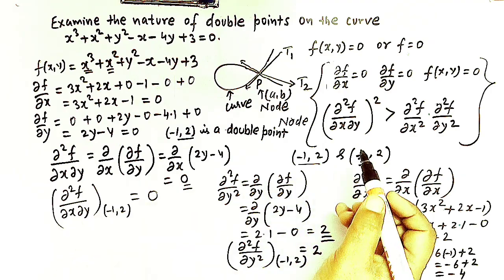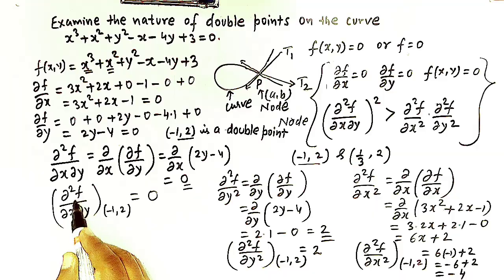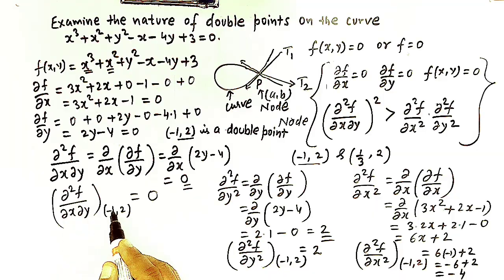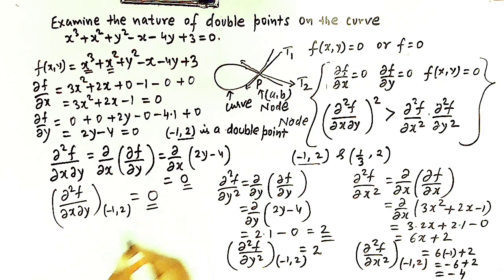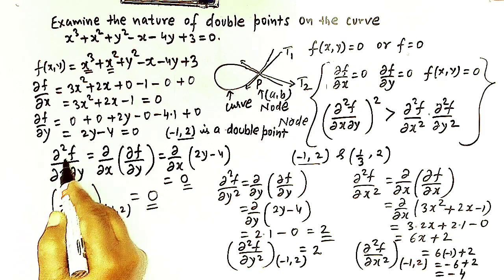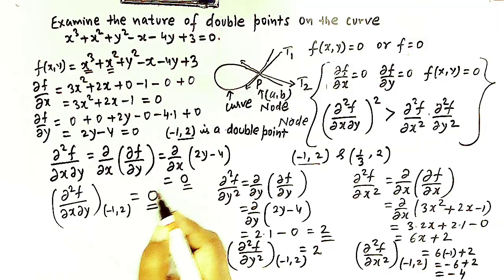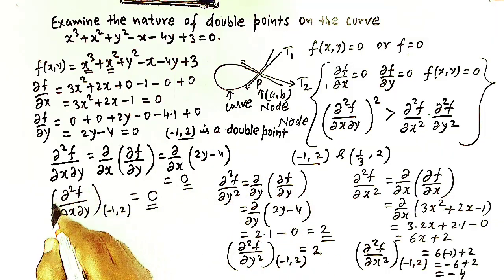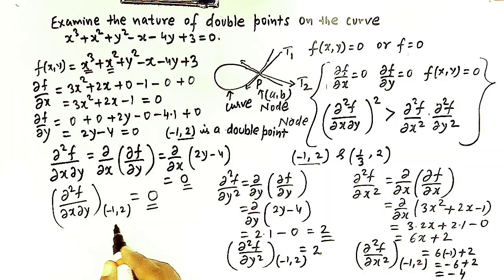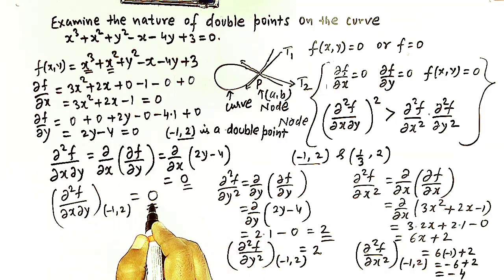So now we have the expression for del square f over del x del y at this point, minus 1 comma 2, is equal to 0, because this derivative is already equal to 0 and it doesn't contain any x or y. So the value of this partial derivative at this point is clearly 0, right?